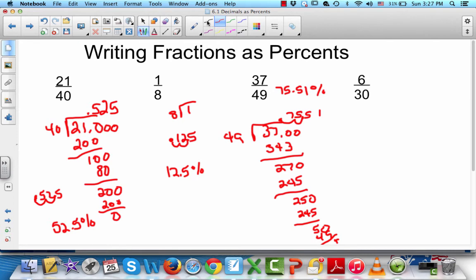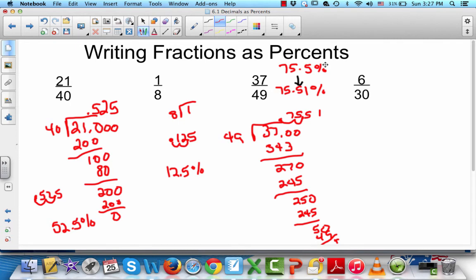The tenth, remember, is this spot right here. So when we round it to the nearest tenth, we look at the number to the right of that number, which is 1. 1 is less than 5. When it's less than 5, we round down. So we leave it as 75.5%.